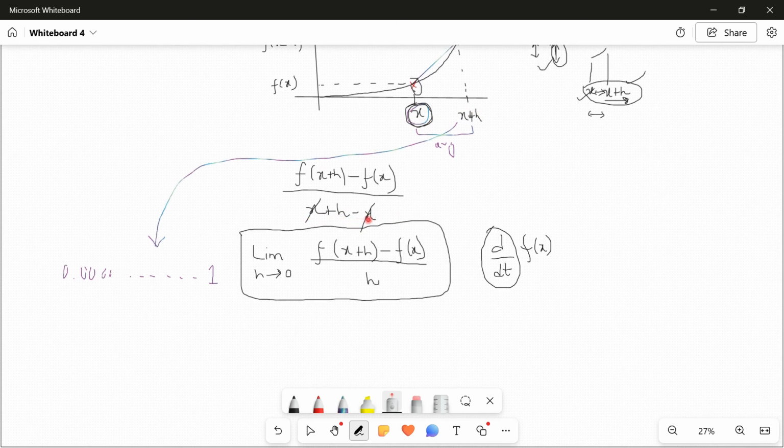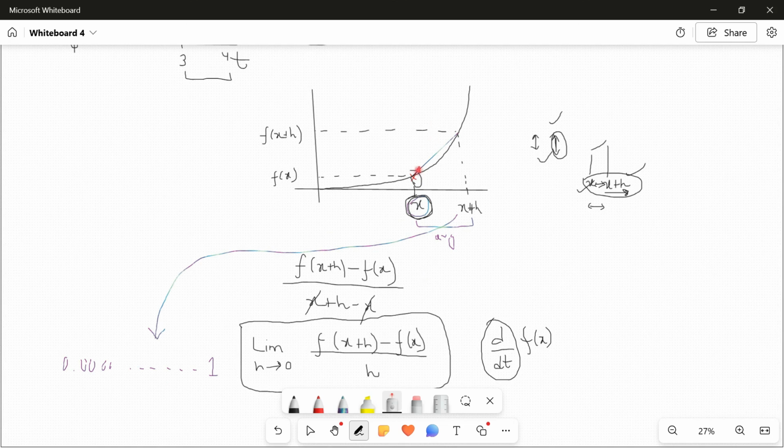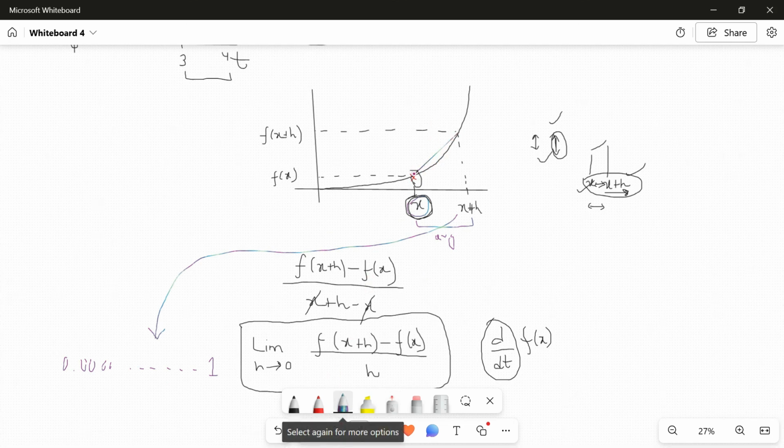Now, this positive x and negative x get cancelled out, and ignoring this limit for now, you will be left with f of x plus h minus f of x upon h. So this is giving you the average change between these two quantities, or you can say this is giving you the slope of this line, this colorful line.